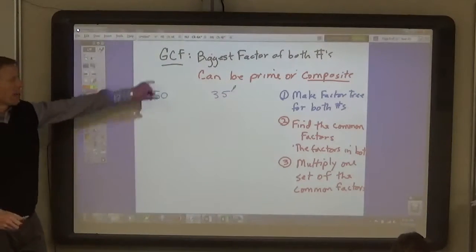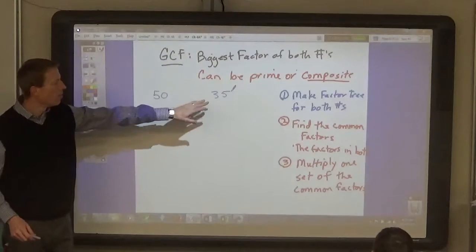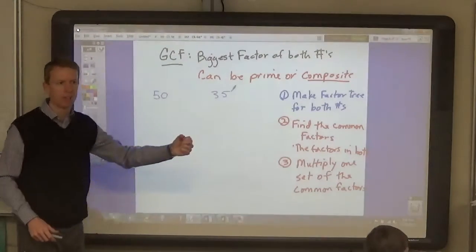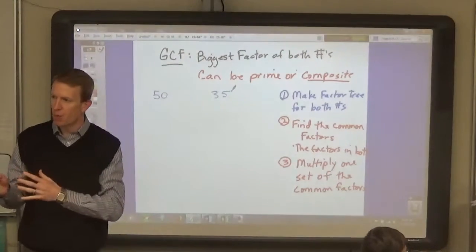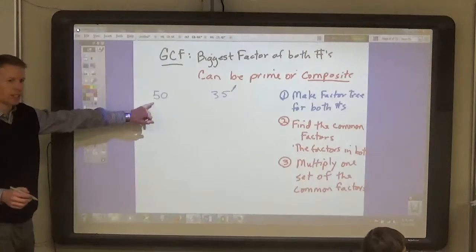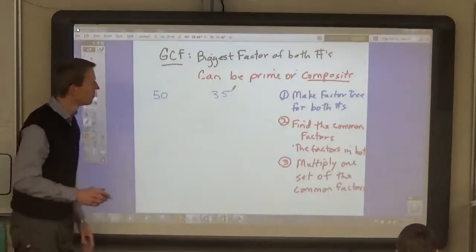When you're finding the greatest common factor, you're finding the biggest factor. It doesn't have to be prime. It's whatever the biggest number is that goes into both numbers. Now, one of the ways to do this is to use the factor tree to find those factors.